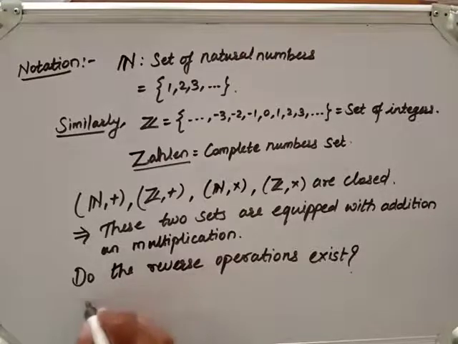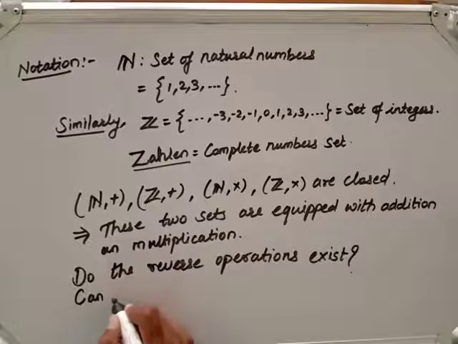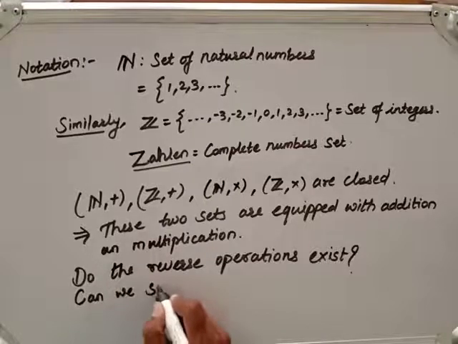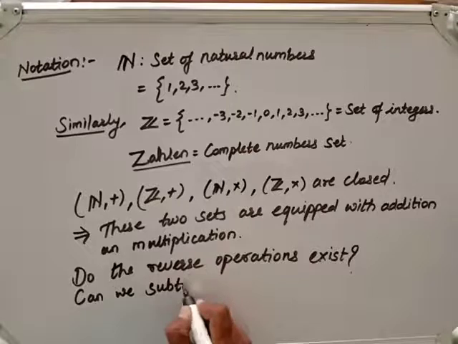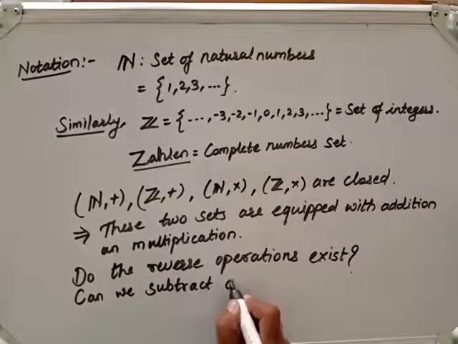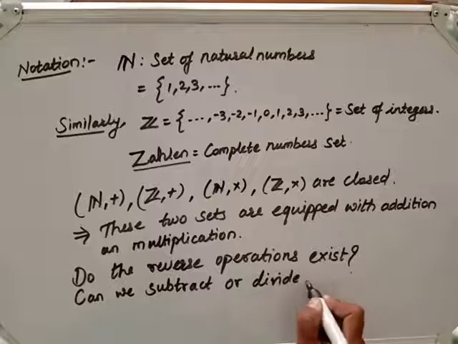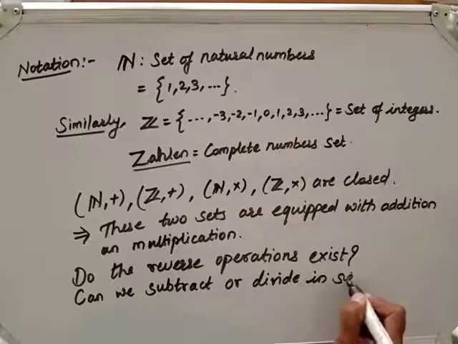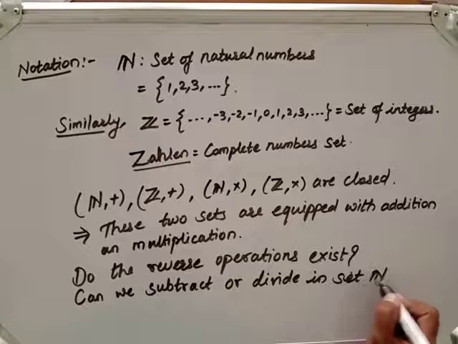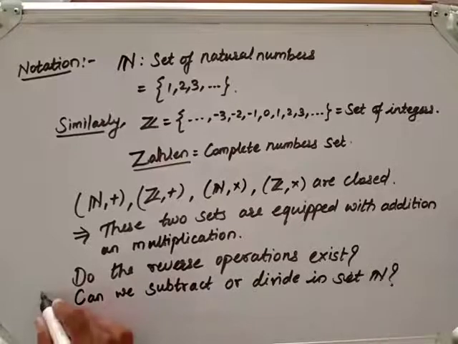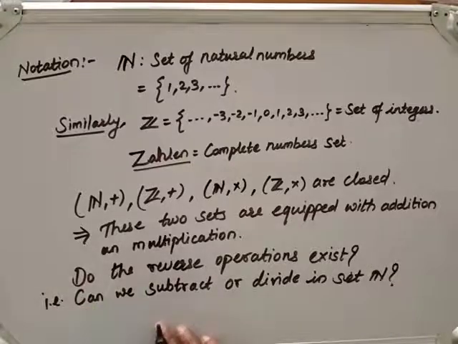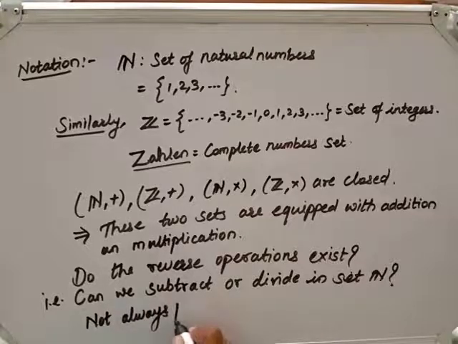That is the same as to say, can we subtract or divide in the set of natural numbers? That is the question. The answer is that it is not always possible.